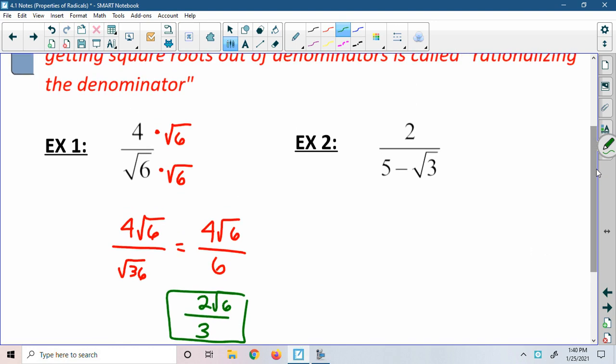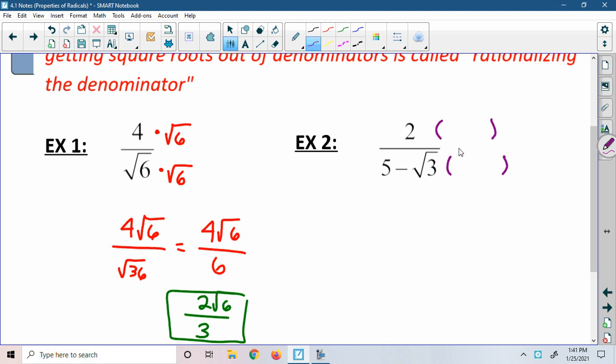Now example 2, notice, not okay because we have a square root in the denominator. So we've got to rationalize the denominator. This one looks a little trickier, and it definitely is because it's 2 terms in the denominator there. We're still going to multiply this by the same thing on top and bottom.